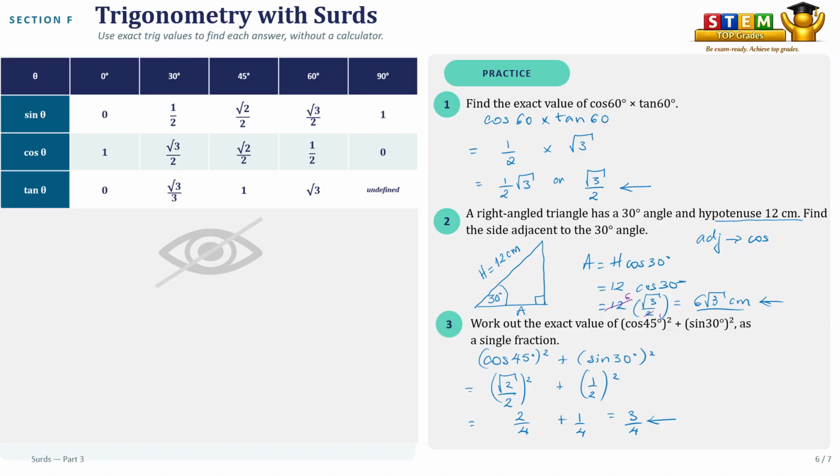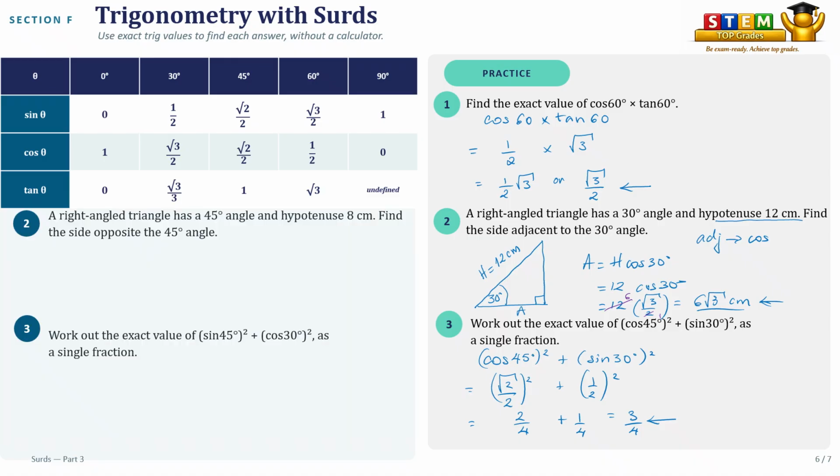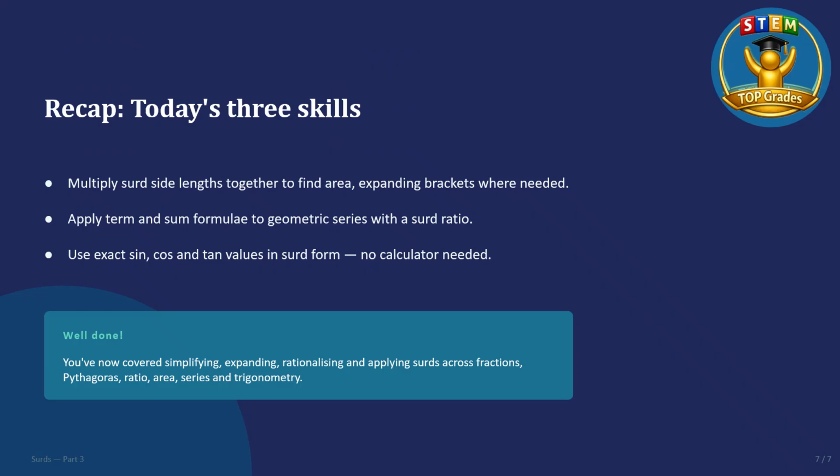Okay, and now it's time for us to recap. These are the 3 skills that you have learned about today. We have first of all learned to multiply surd side lengths together to find area, expanding brackets where needed. You've also applied the term and sum formula to geometric series with a surd ratio.